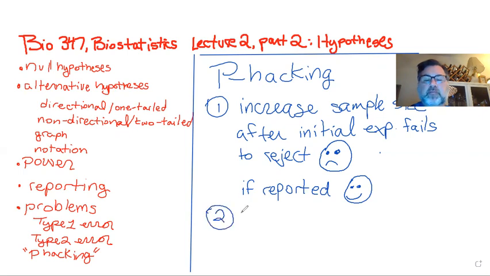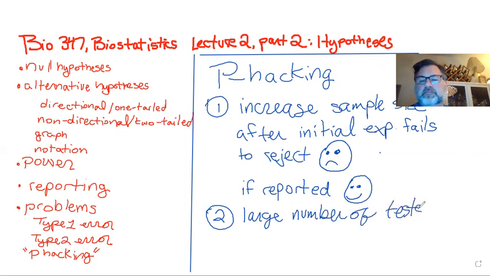And then 2 is large number of tests, right? So if you do a large number of tests, the probability in any test of falsely rejecting a true null hypothesis is 0.05. And if you do another test, your chance is 0.05.